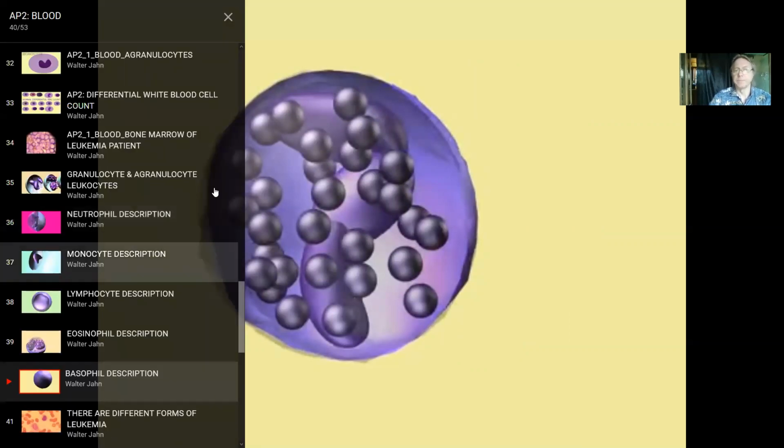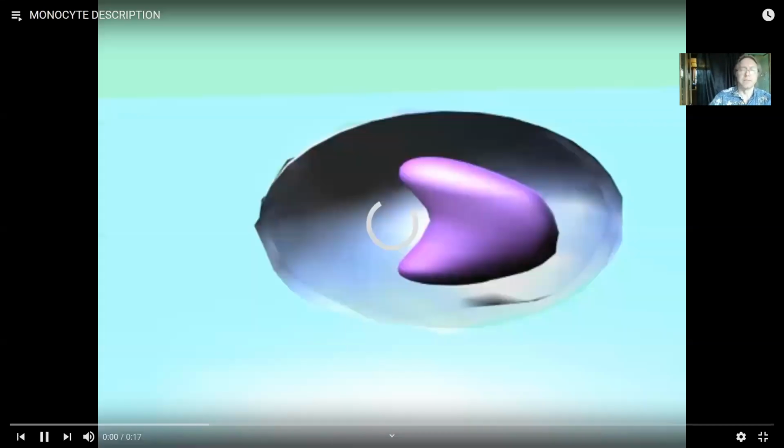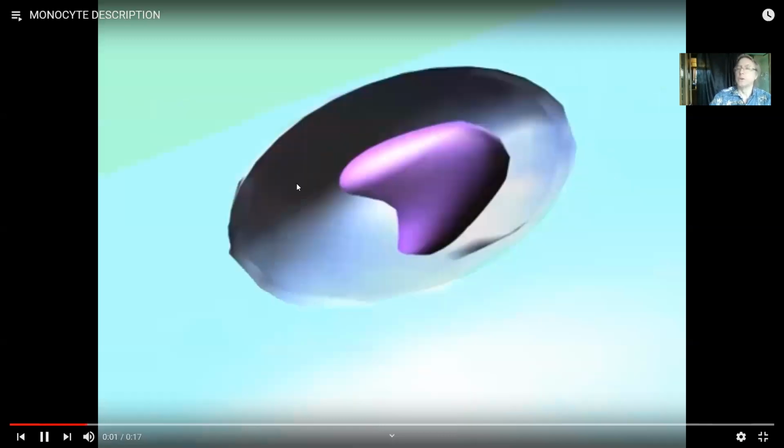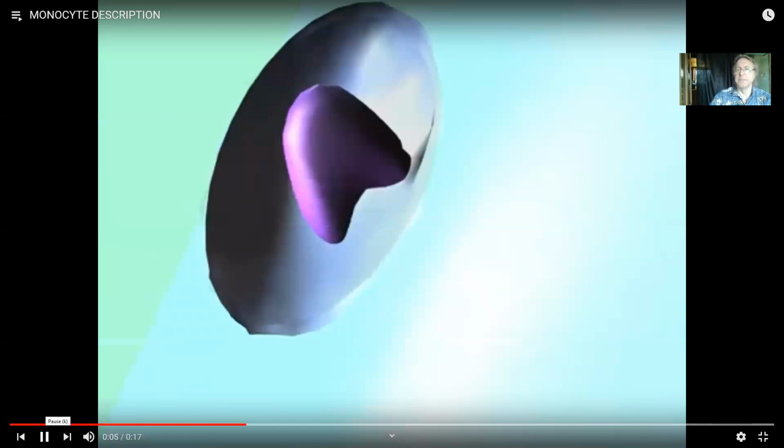These granules have inflammatory signals, and so basophils and their cousins, the mast cells in connective tissue, primarily function in inflammation.